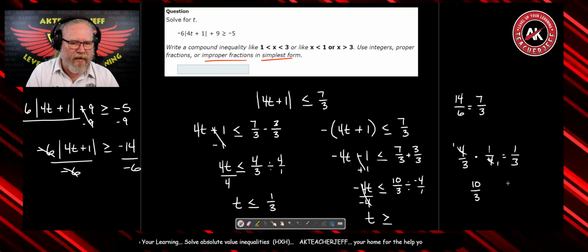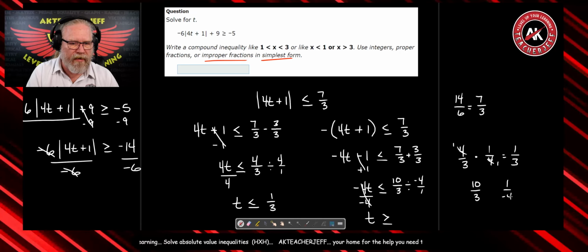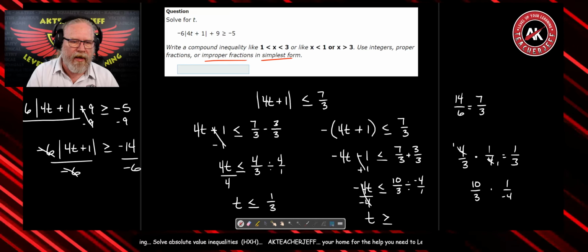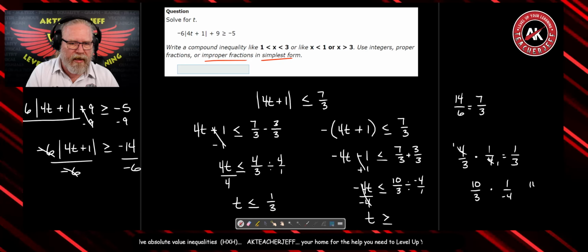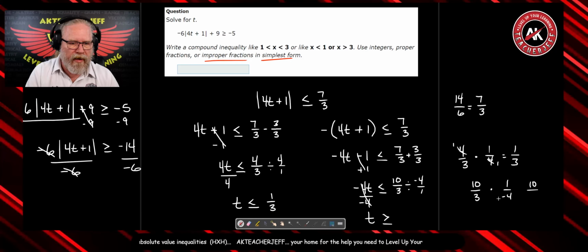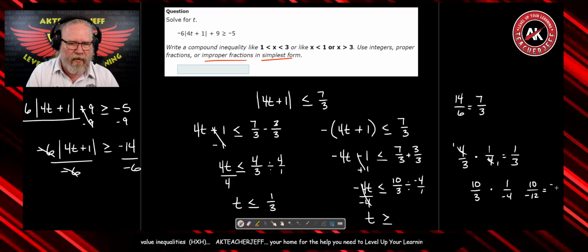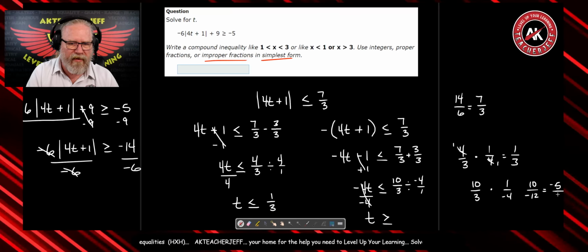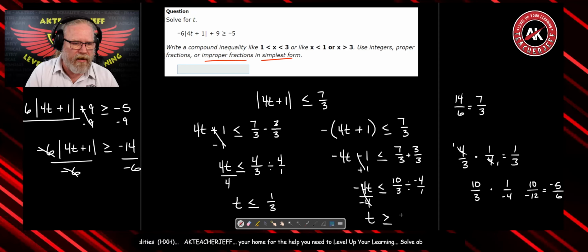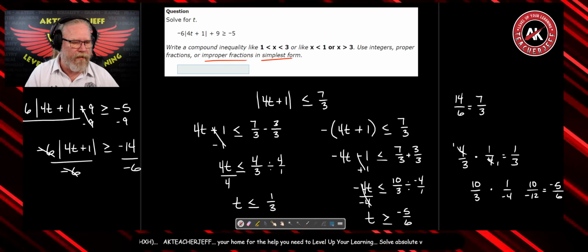Keep the first, flip the second. 1 over negative 4. I should have kept the negative in the numerator. I prefer it that way. Change the sign. So 10 times 1 is 10. 3 times negative 4 is negative 12. This is equal to, I want my negative sign back up top. They're both divisible by 2. 5 over 6. There we go. Negative 5 over 6. Wow.